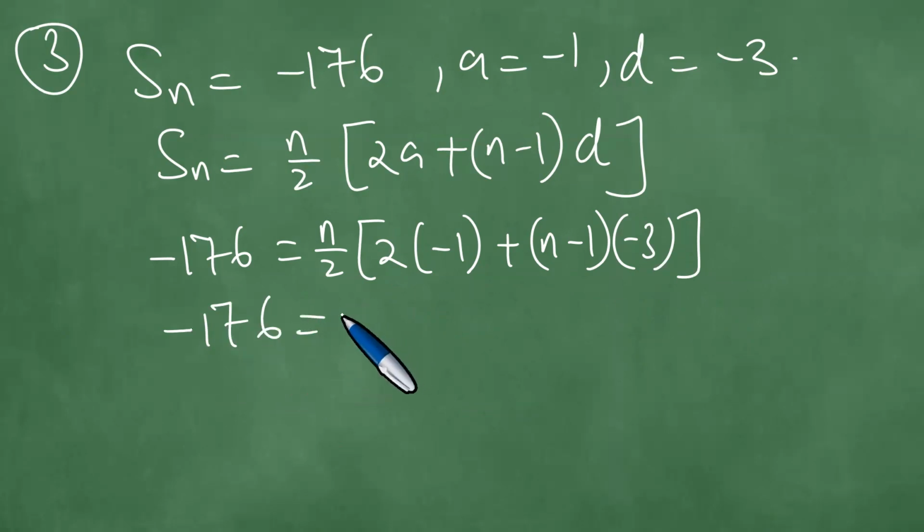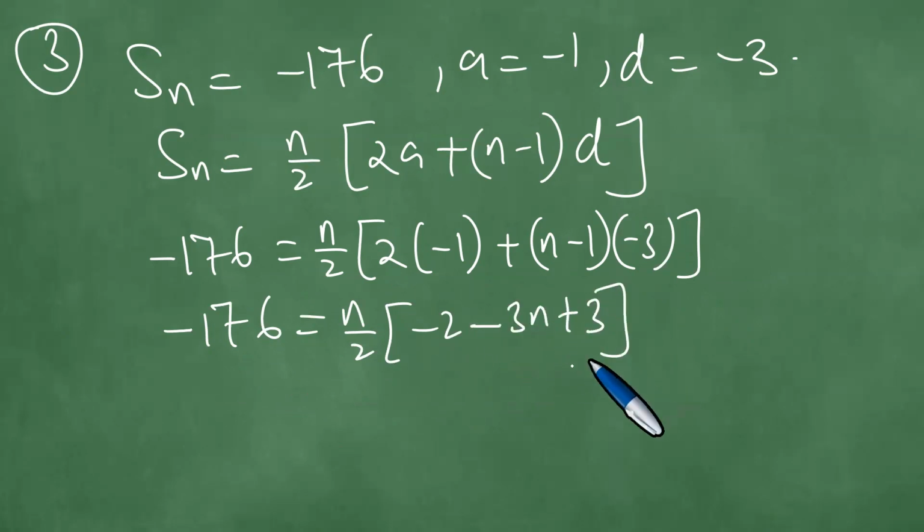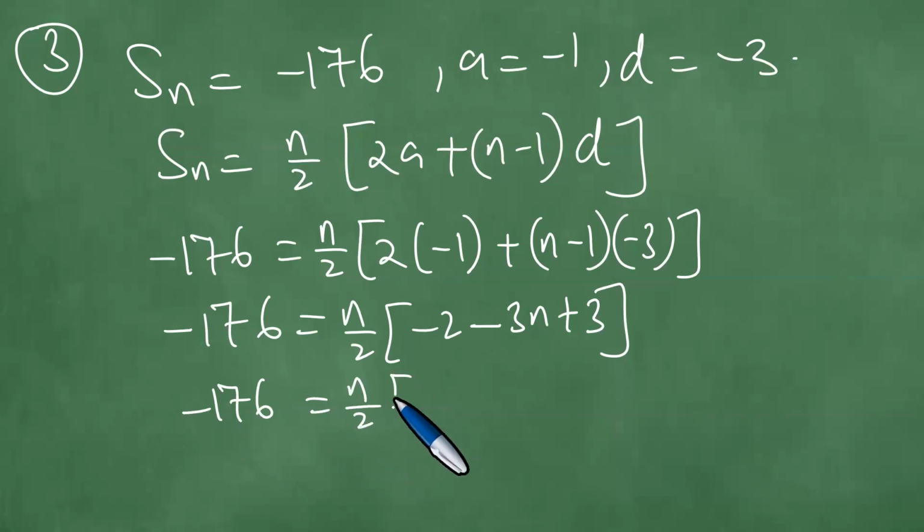So what is the answer here? It is n over 2 into minus 2 minus 3n plus 3. Minus 176 is n over 2 into minus 3n plus 1.